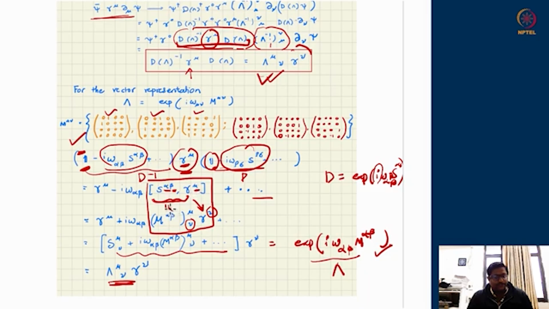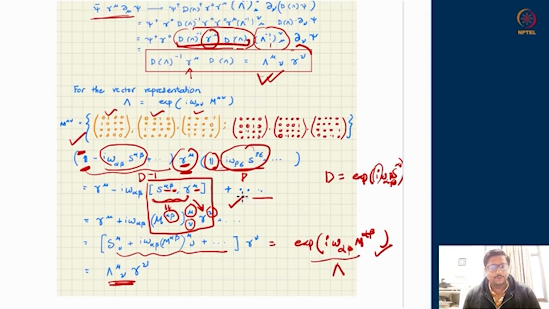The first 2 indices decide which M alpha beta I am going to talk about of the 6. And the mu over here decides which row of the M alpha beta I am going to talk about. So I'm going to prove this now with a couple of examples, and then we will have faith in this commutator turning into M times gamma.